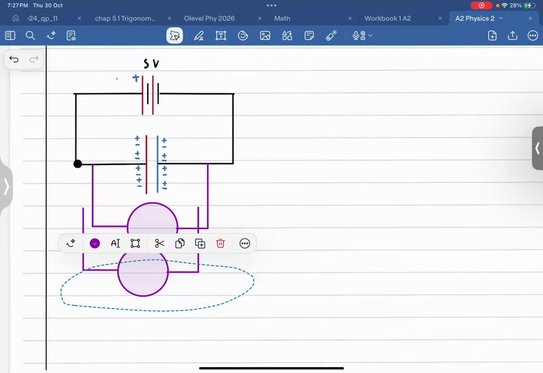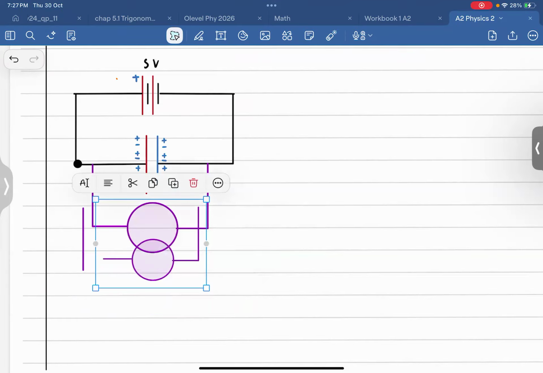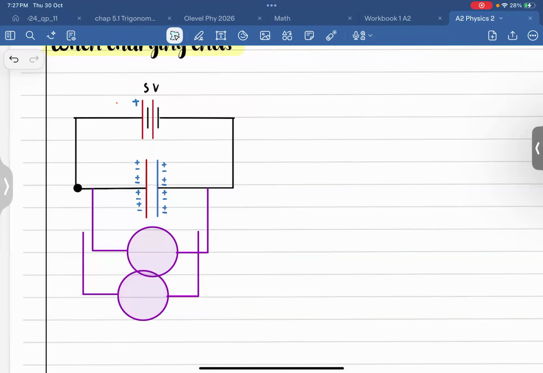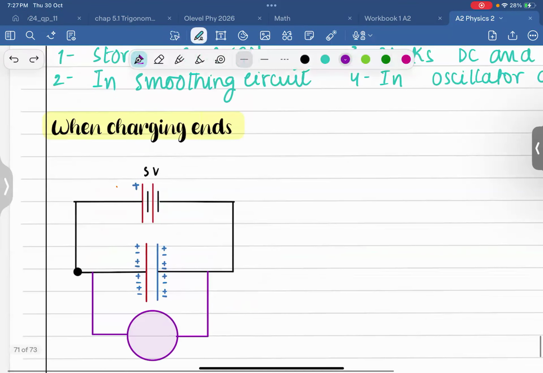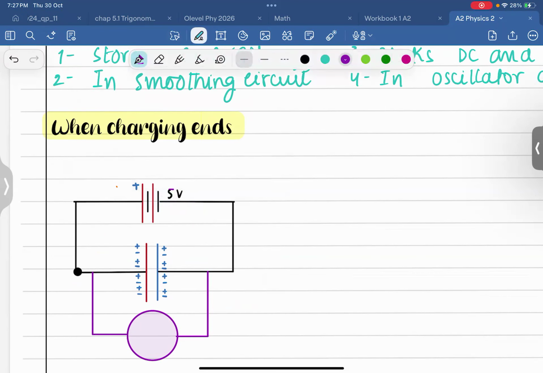Okay, so this is the first voltmeter, and that is the second voltmeter. I have connected it right here. So the other voltmeter is right here.